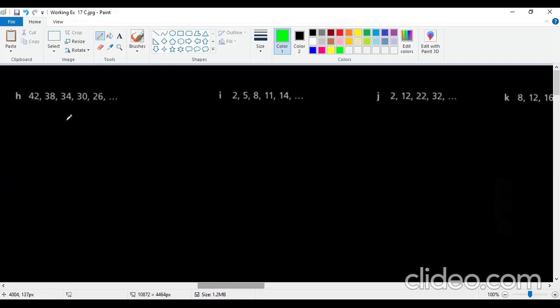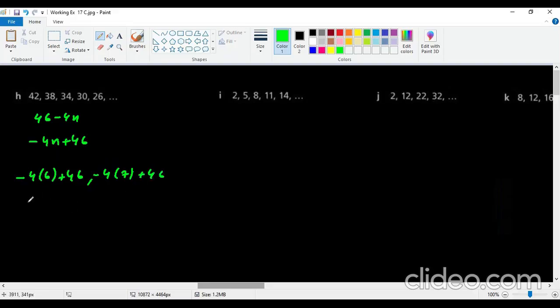For h, as you can see, we can say 46 minus 4n, or negative 4n plus 46, because it's decreasing. The sixth term is going to be negative 4 times 6 plus 46, and the seventh term is negative 4 times 7 plus 46.